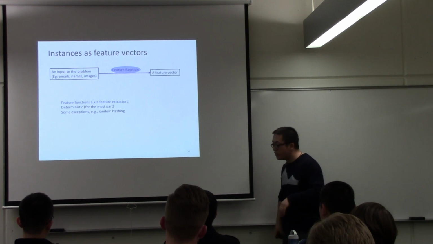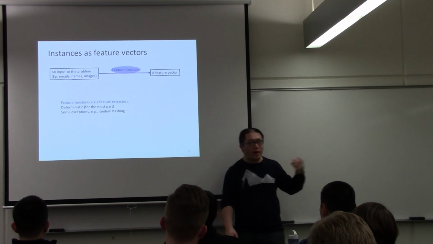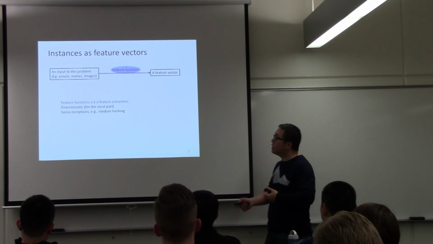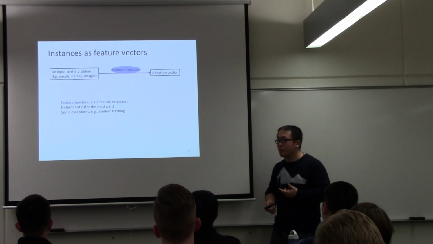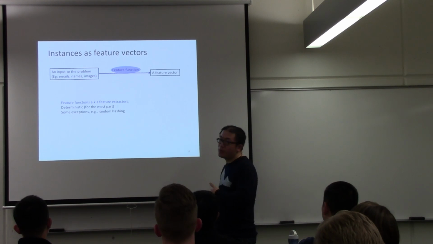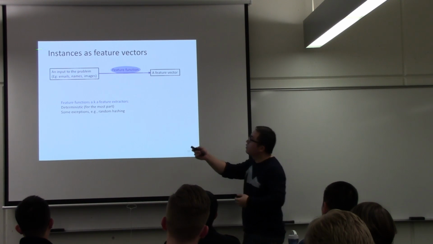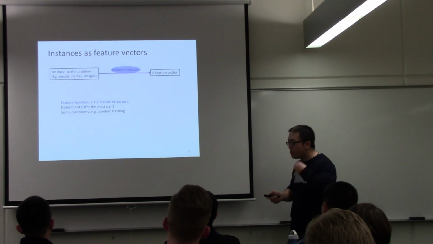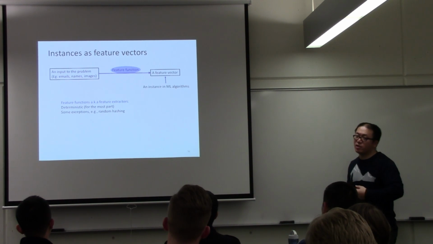For example, in recent years there's a hot research topic called random hashing to dramatically reduce the dimensionality of data. That allows us to incorporate some randomness. But in our class, we only focus on deterministic feature hashing. So after we apply the feature functions to convert our original input to some feature vector, then in our machine learning algorithm, this feature vector is used as an instance.